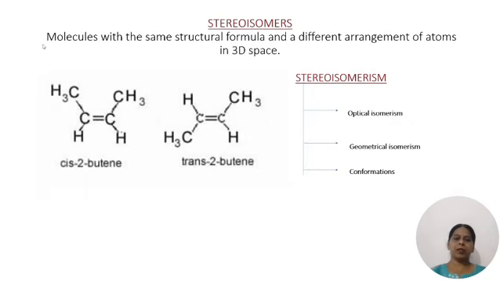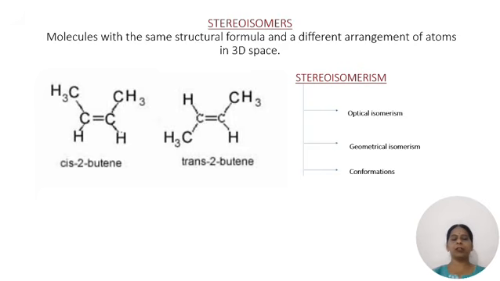Now stereoisomers: molecules with the same structural formula and different arrangements of atoms in 3D space are called stereoisomers. Here one example is given, that is 2-butene. In butene we got two different arrangements.